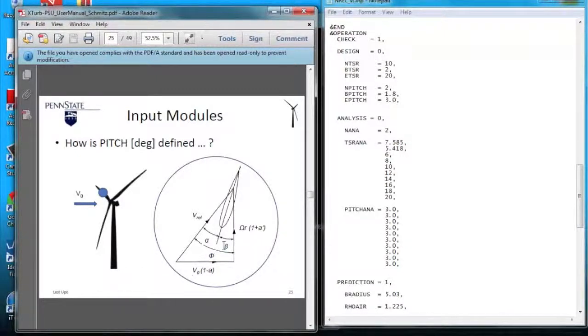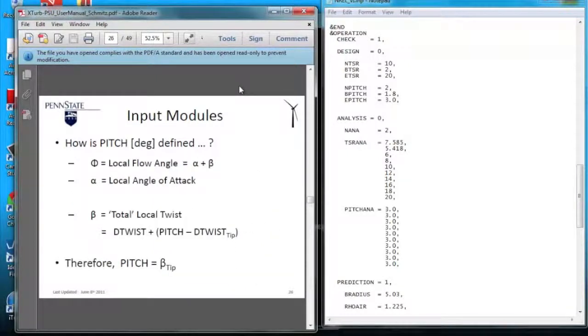Given the local twist angle, this then will determine the local angle of attack, because the relative velocity vector here is hitting the lower surface of the blade. So for a wind turbine, pitch angle is defined as the total blade twist at the blade tip.